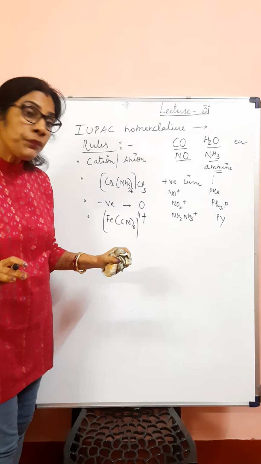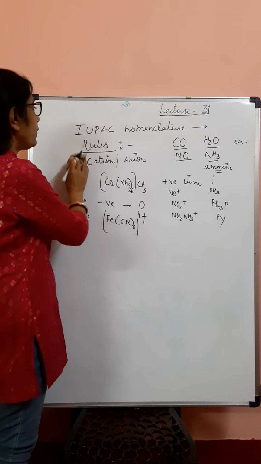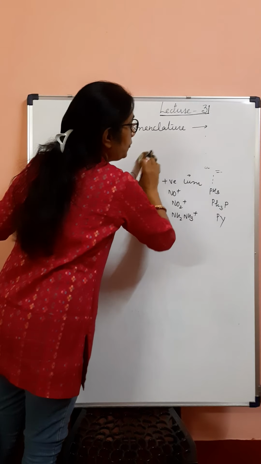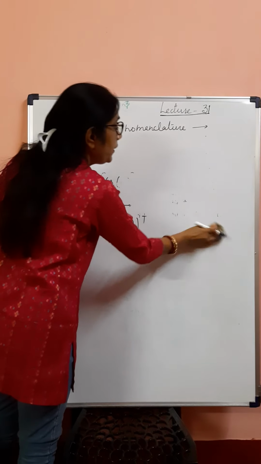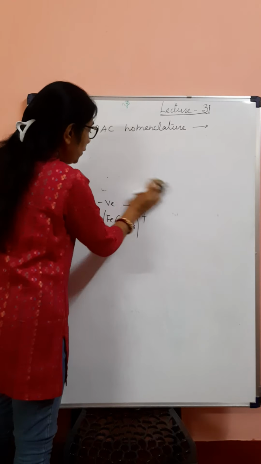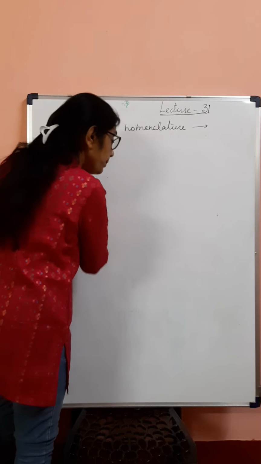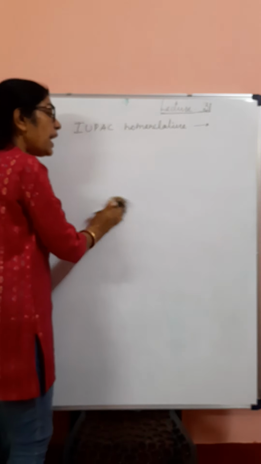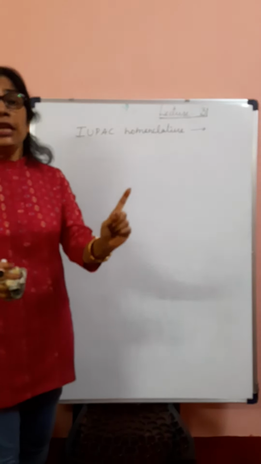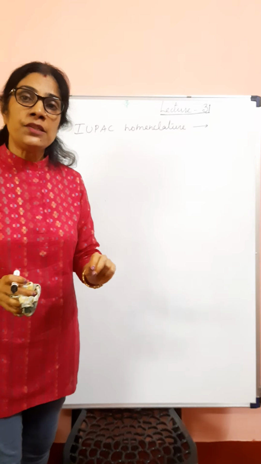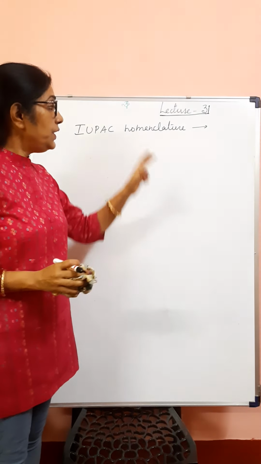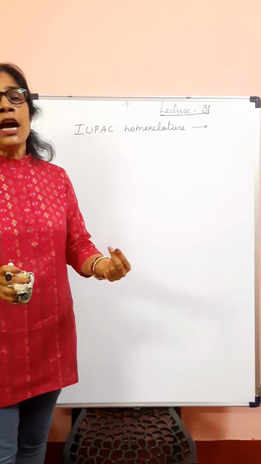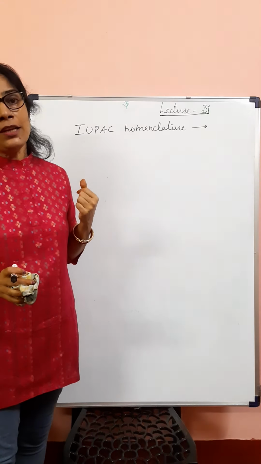Am I clear? And so far as the oxidation states are concerned, the oxidation state of the central atom should be written at last in Roman numeral just before the counter ion, if any. If there is no counter ion, then the oxidation state would be written at last in Roman numeral. So these are the specific rules for writing the IUPAC names of coordination compounds.